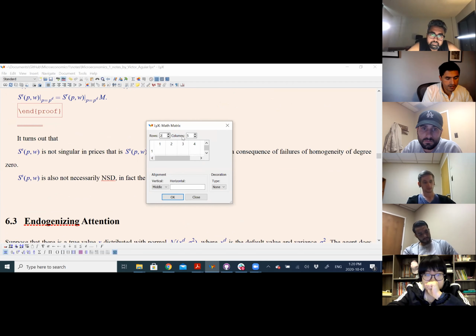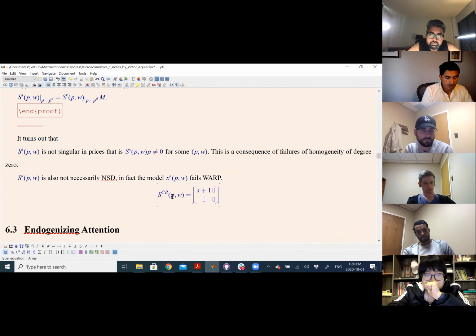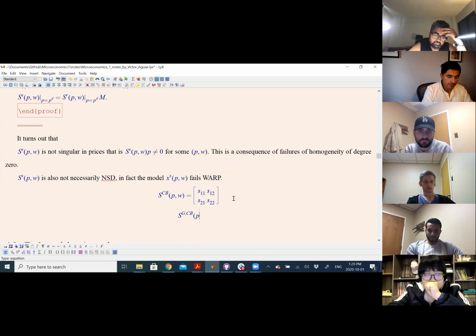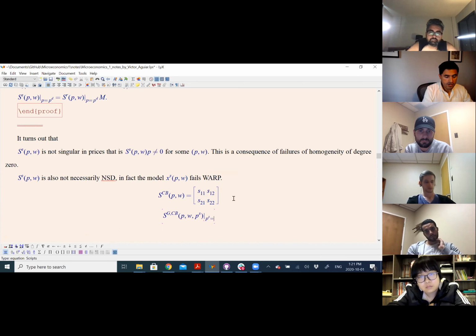So the Cobb-Douglas Slutsky matrix. I'm not going to write all the entries because I want to do it fast, but imagine these are the Cobb-Douglas entries. And then what is the diagonal matrix that I'm telling you? This is the rational one. Now if I compute the Gavex, that is the Cobb-Douglas, and then PS, remember, this also depends on the psychological price, and I evaluate PS at the default price.